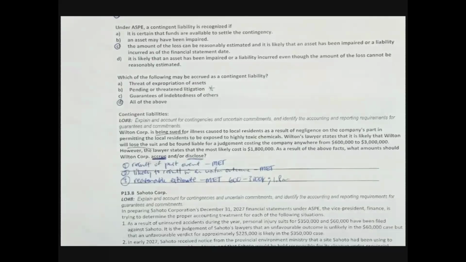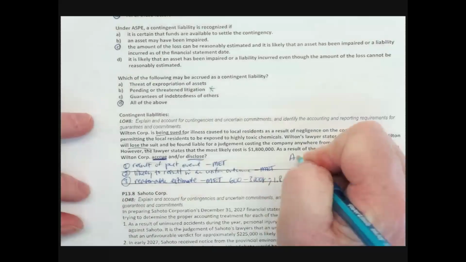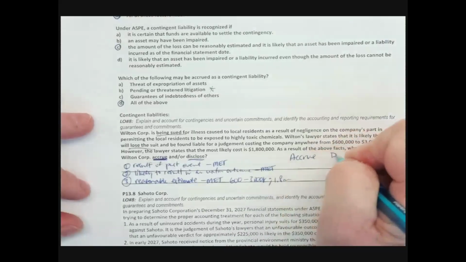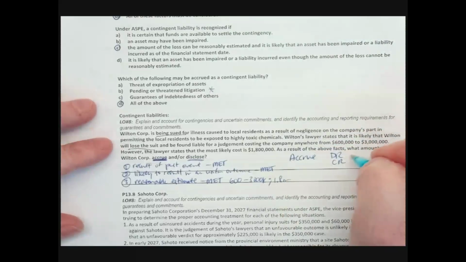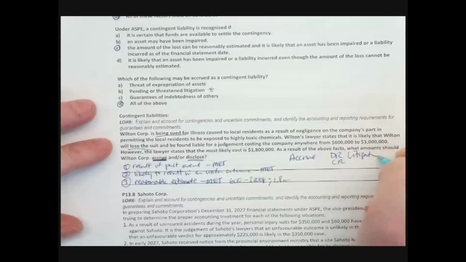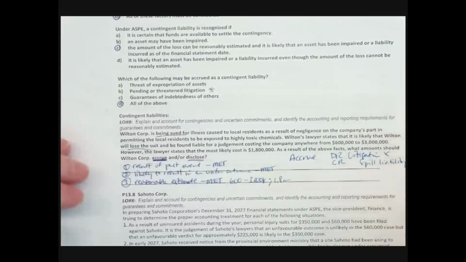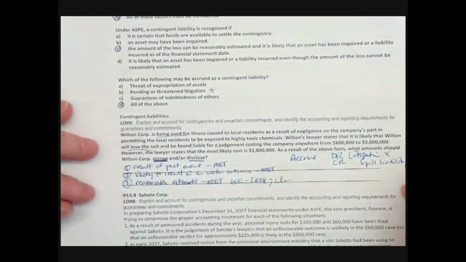So then we would accrue, and to accrue, we just debit, let's say, litigation expense and credit spill liability, some kind of accrued liability for 1.8 million.